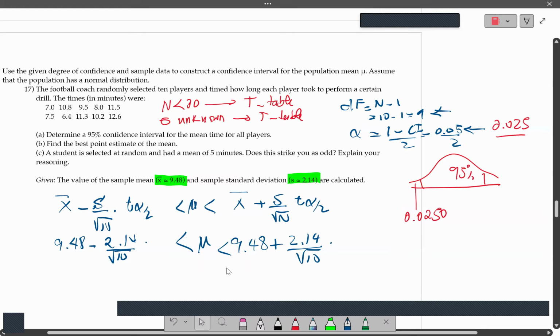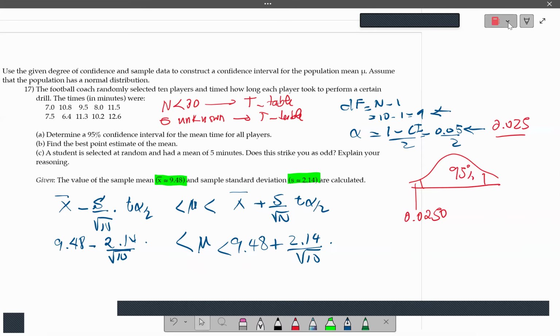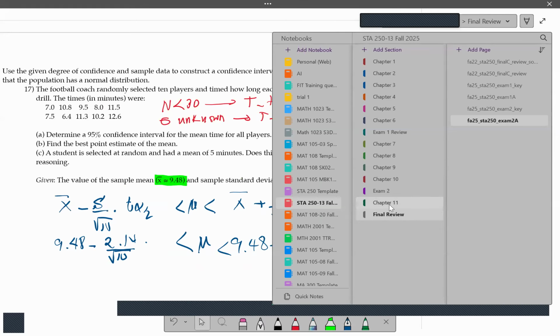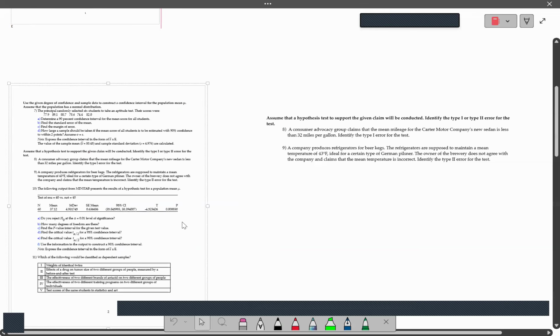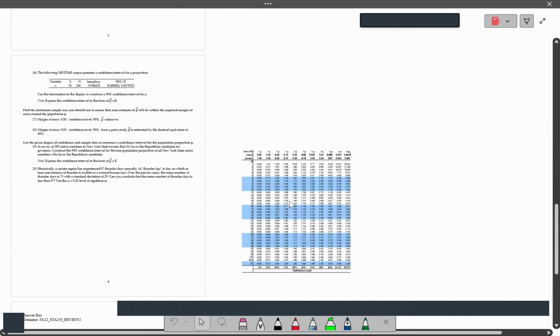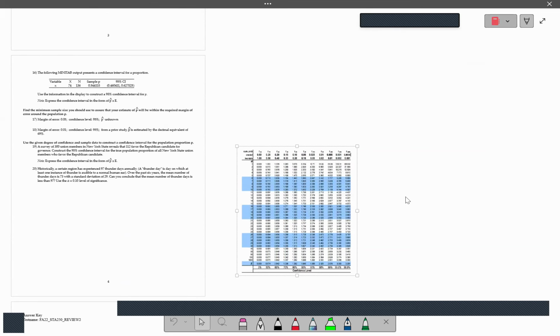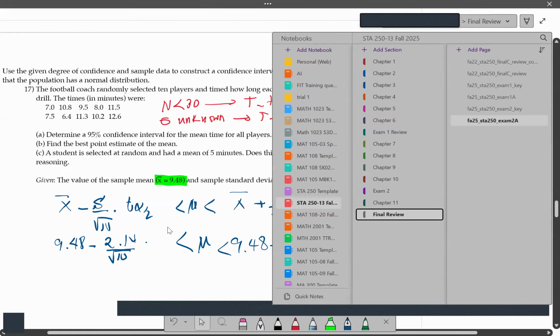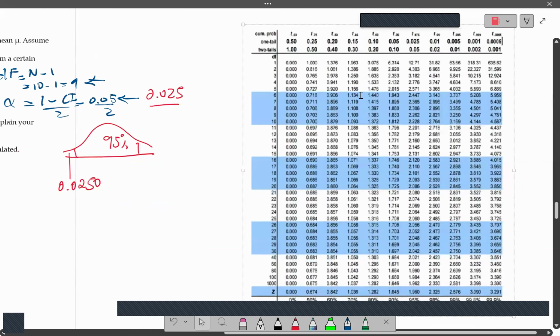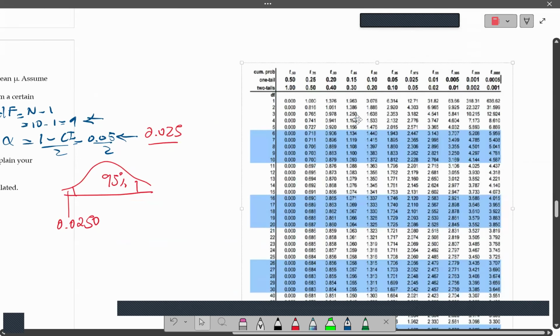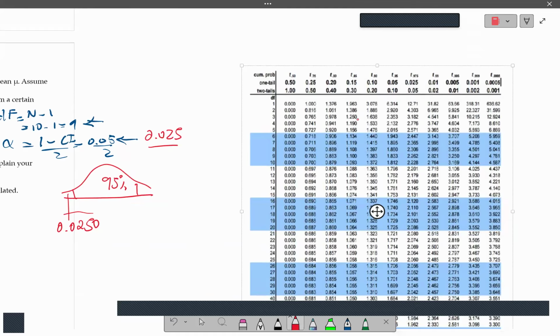Give me a minute. I need to grab the table. Okay, so one tail is 0.025, right?